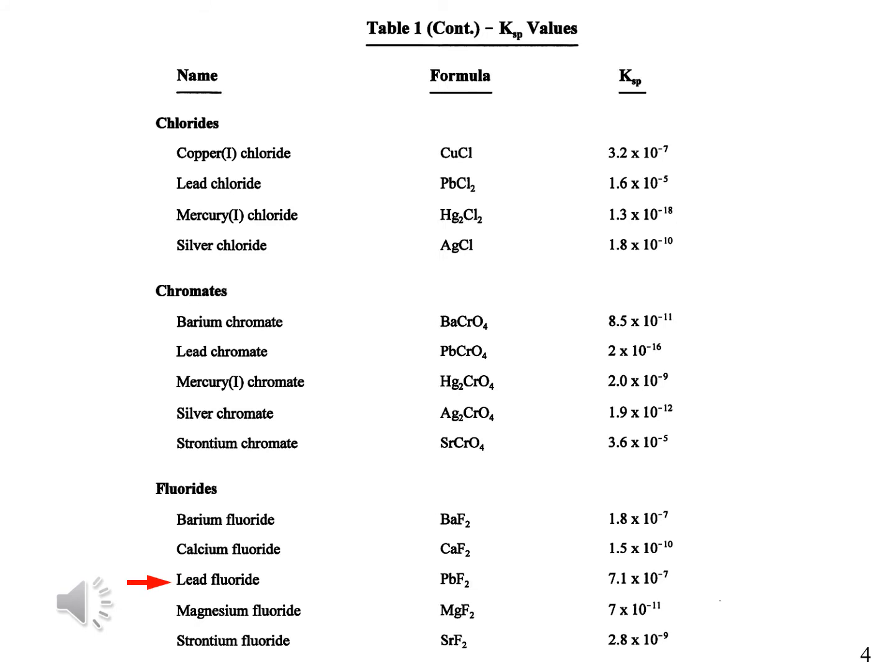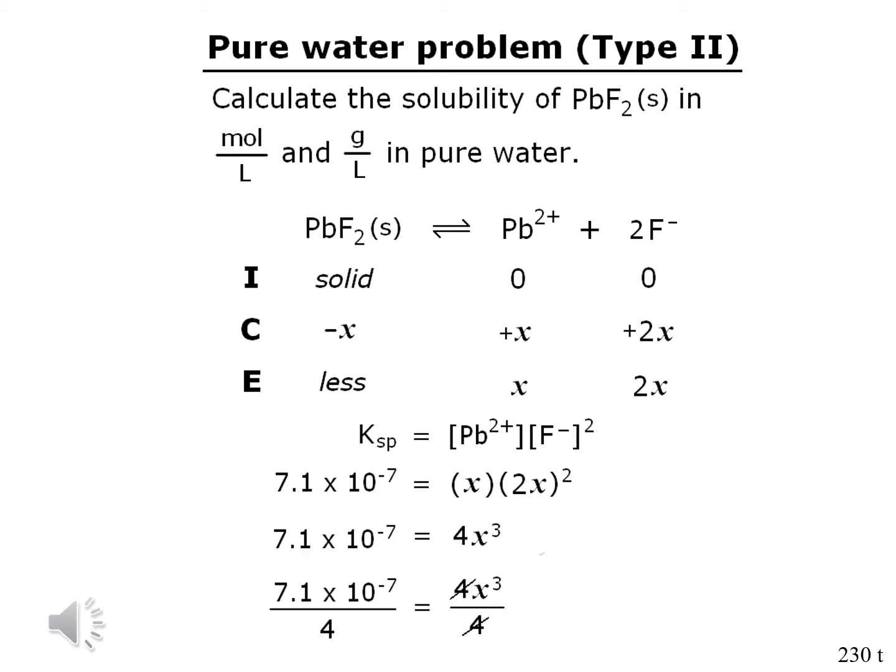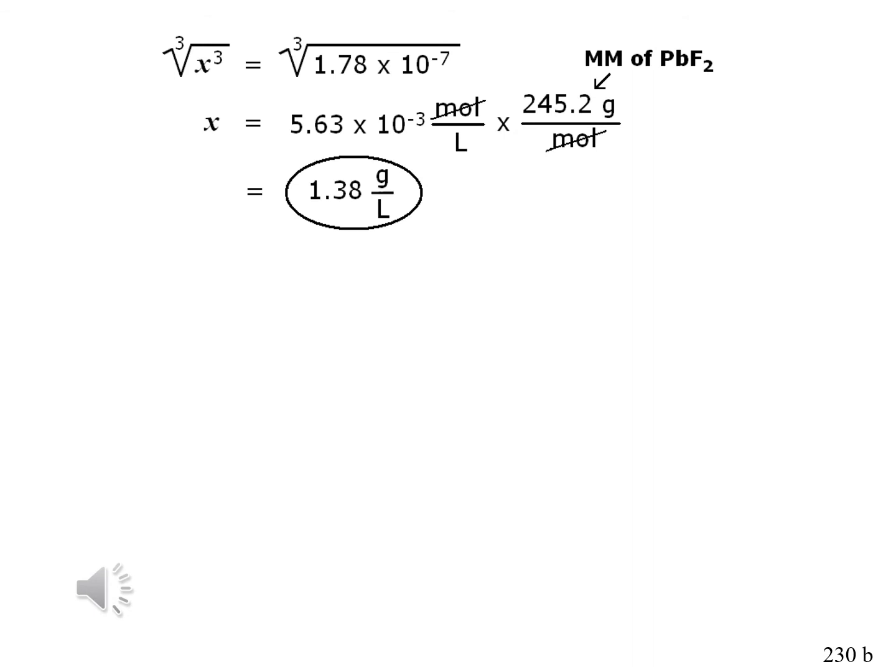I look up the Ksp of lead fluoride in table 1, and we substitute the Ksp and the x's just like in a type 2 problem from last class. You can expand the side with the x's and divide by 4 on each side, and then take the cube root, multiply by the molar mass, and that will give you the solubility in grams per liter.